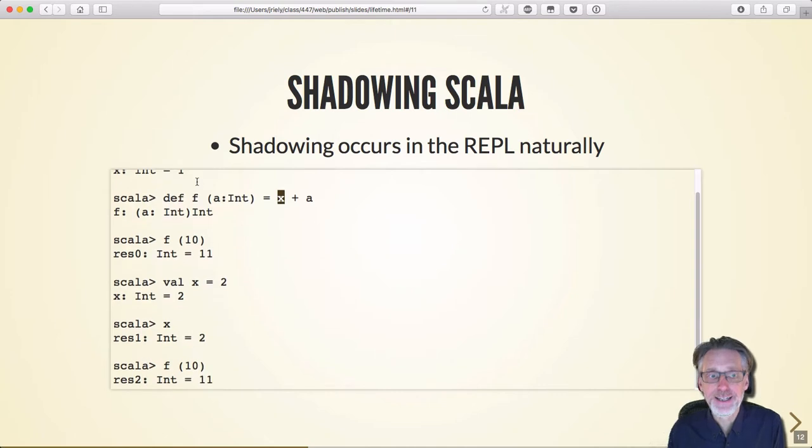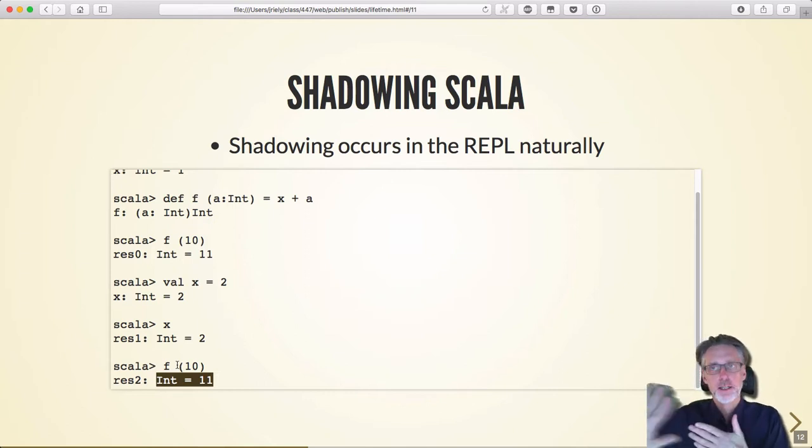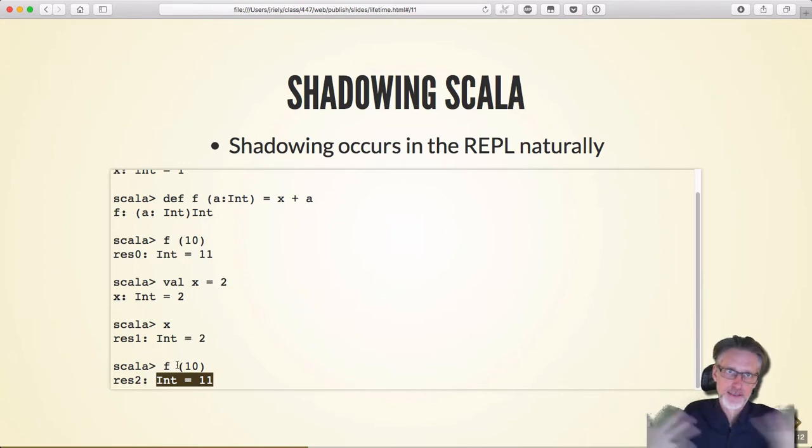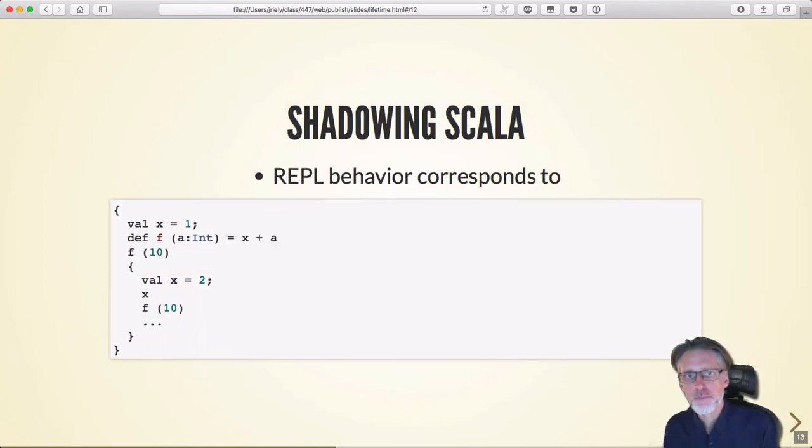That old declaration is still there. And so if I call f, it still has the same behavior. It's not using the new x, it's using the old x. So that's why it's called shadowing. It's like the old thing is still there, it's just you can't see it. It's hidden. That's shadowing.